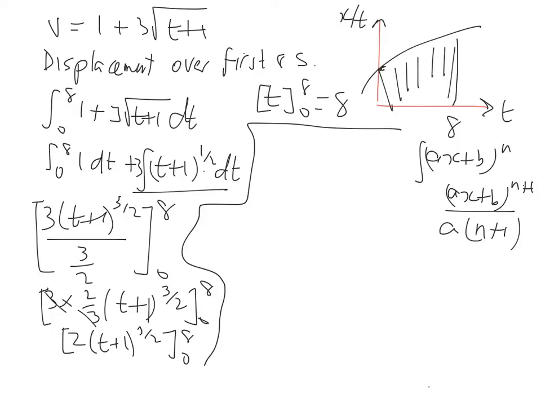Now we know that if we've got a power of 3 over 2, that means we're taking the square root and cubing it.